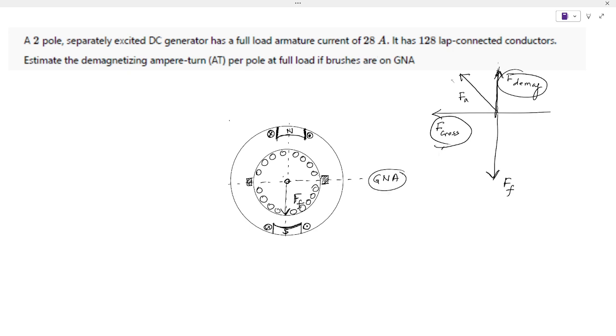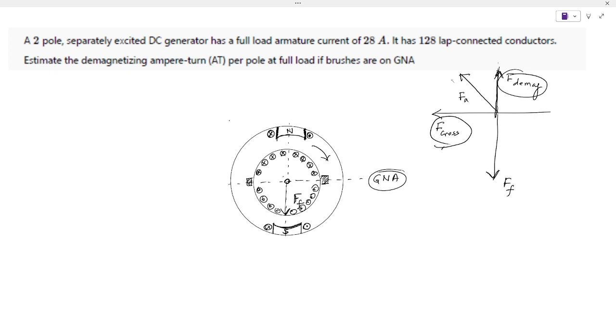We have not moved the brushes as per the shift in the MNA. The machine is loaded, but the brushes are as they are. So if this is the direction, this will be cross, there will be dot.